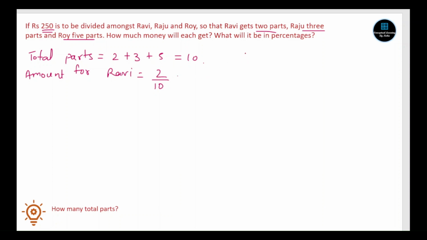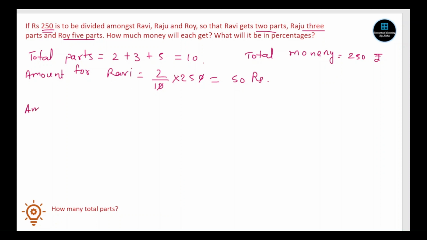So total money is 250 rupees. So what I can say? 2 upon 10 into 250. When I simplify this, what do we get? 0 0 cancel and 50 rupees. So he will get 50 rupees.